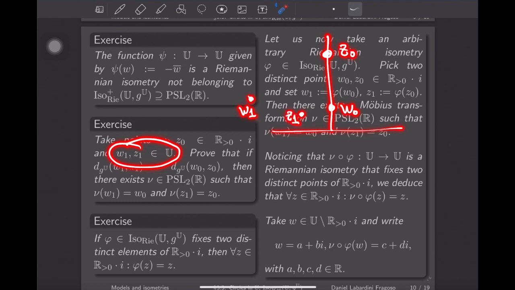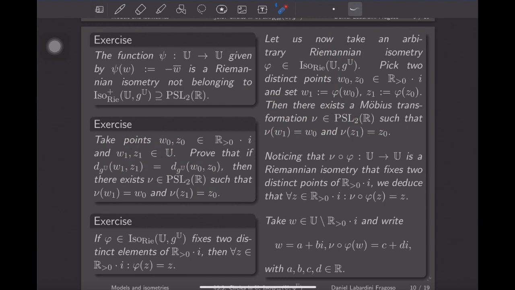Then prove that if the hyperbolic distance between these two is equal to the hyperbolic distance between these two, then there is one Mobius transformation mapping this one to this one and this one to this one. So I would say that somehow this segment is congruent with this one. And this Mobius transformation is not any Mobius transformation, but actually a Mobius transformation preserving U bijectively. So we pretty much already did this exercise. It's just a reality check for you.